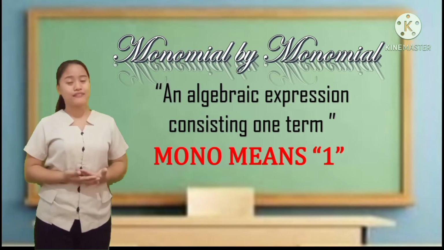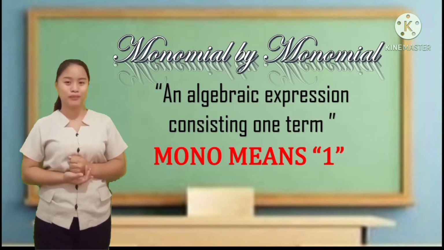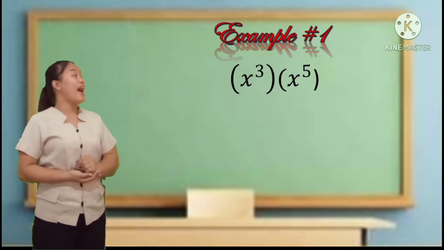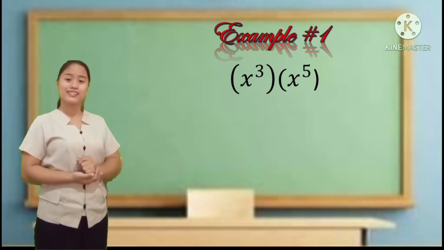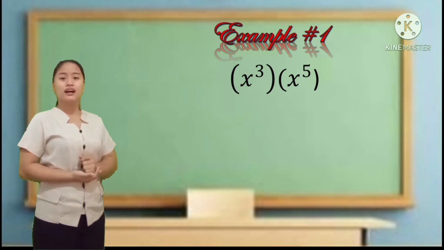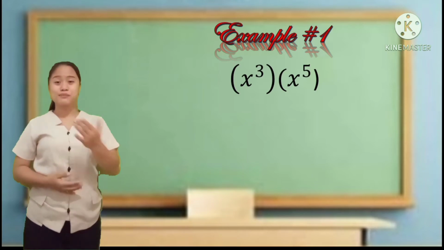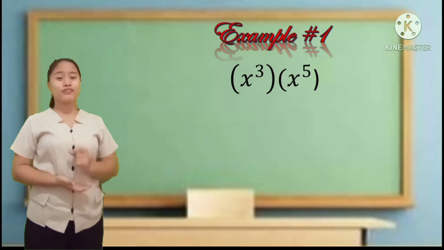Class, let's have our first example for multiplying monomial to monomial. So we have x cubed multiplied by x raised to 5. So what we will do, based on our discussion yesterday about the laws of exponent. Anyone from the class? Yes, Mr. Kapinding. Okay, very good.